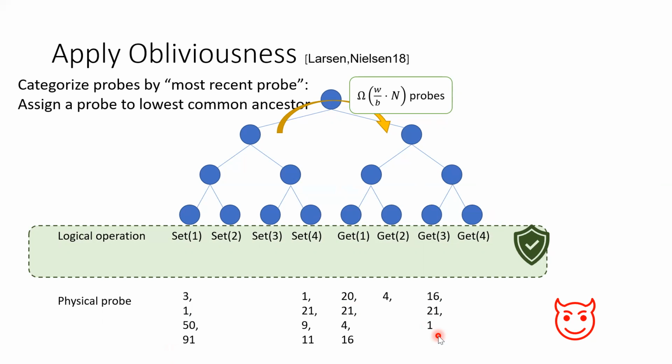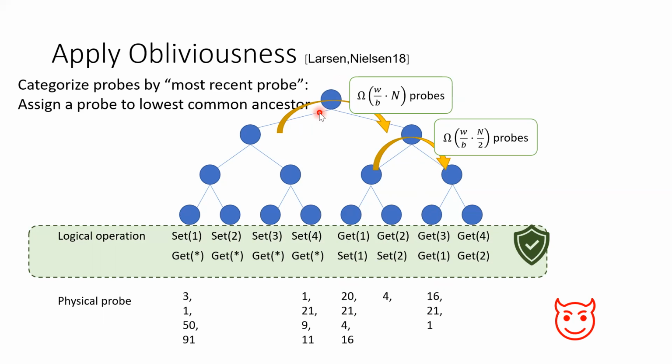And then the adversary can say, okay, if I observe one sequence of physical probes that has some number of assignments to the root node, the adversary doesn't really know which logical operation it is, but for any two logical operations, as I said in this talk, we consider they have exactly the same, identical distribution of physical probes.